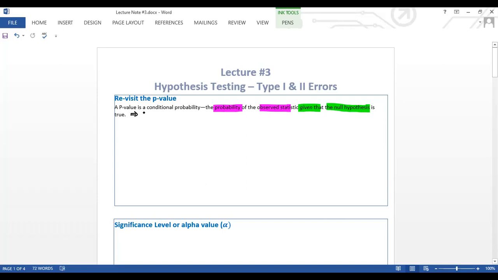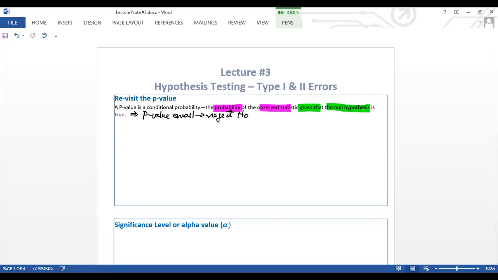So that's one main thing we did from the last lecture. If the p-value is small, basically I'm going to reject my null hypothesis, okay?